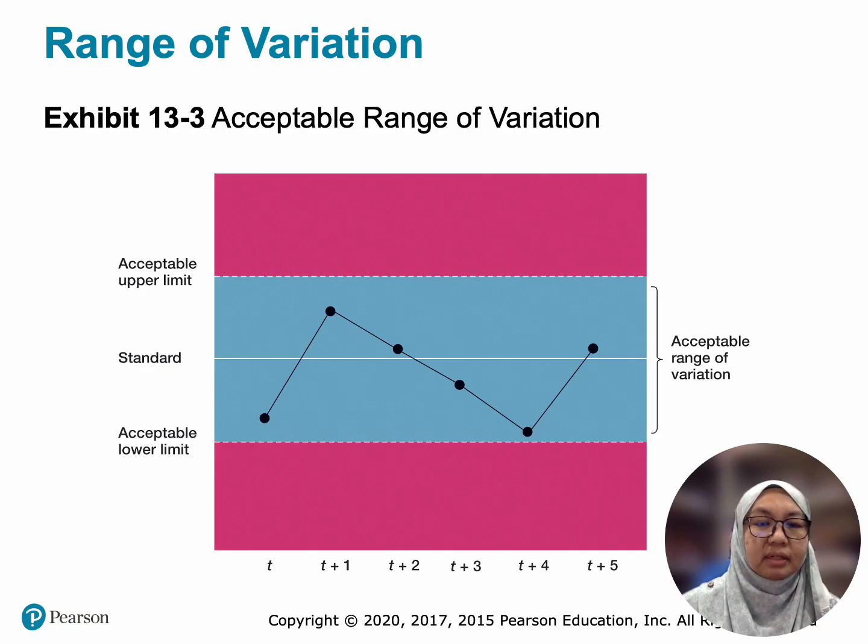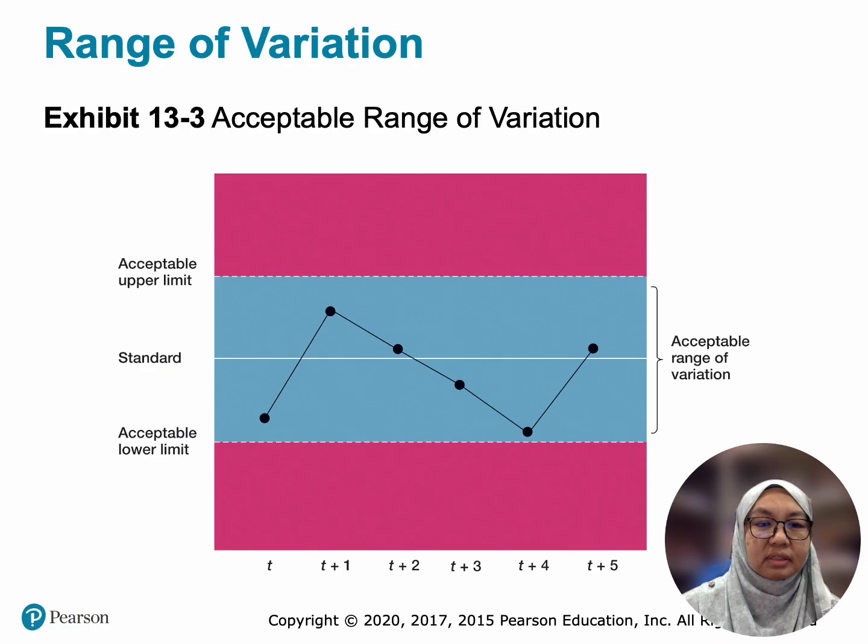Let's say the performance is achieved within the standard, so it's put under the blue line. If the salesperson is unable to achieve the sales set by the target, it will go outside, into the pink column here.